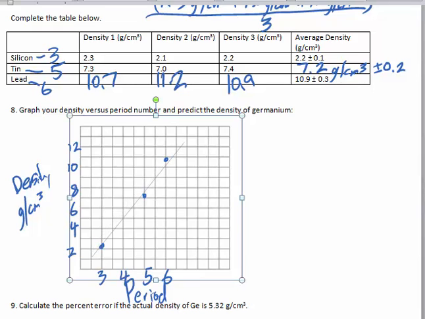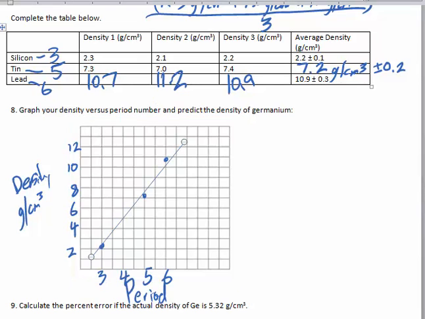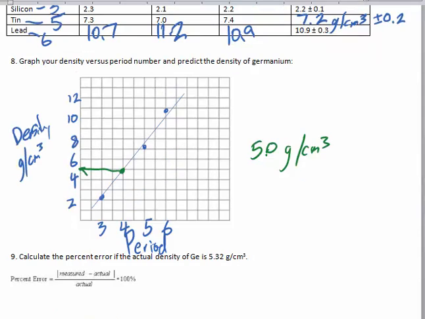It doesn't have to be a perfect line, it just has to be a line that is the average of the points, and it looks like that. Then you figure out, okay, I want to know the density of germanium, and if you look on your periodic table, germanium is in period 4. So you follow that up to about here. It's an intersection, and you follow it across, and it looks like it's 5.0 grams per centimeter cubed.